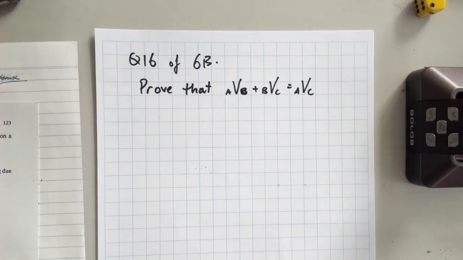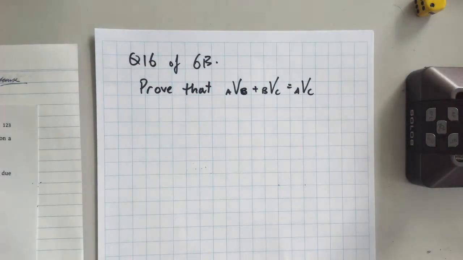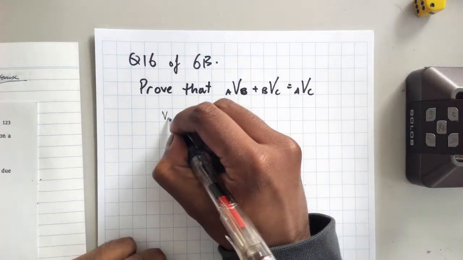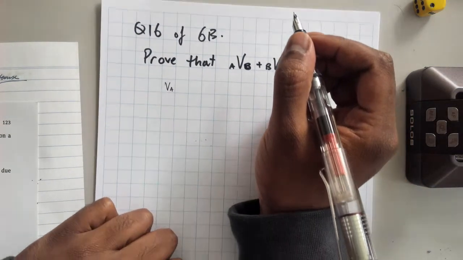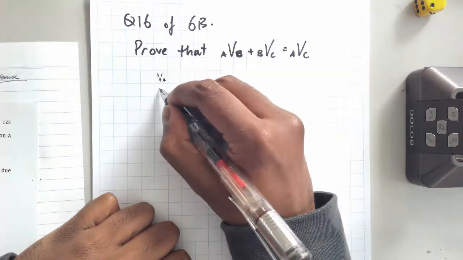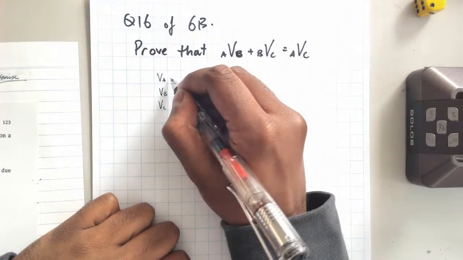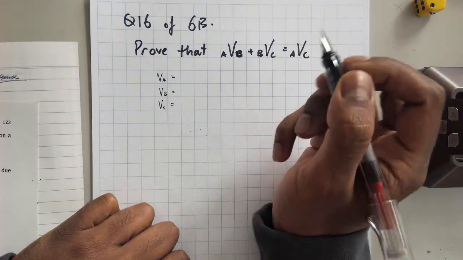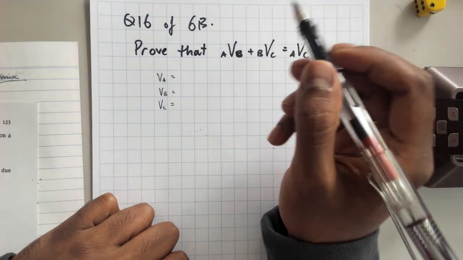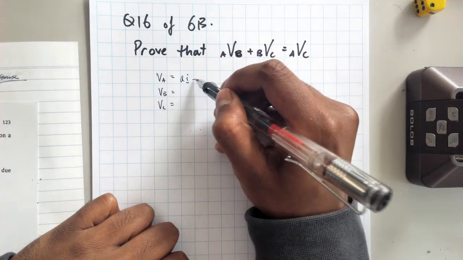So we're going to assign some variables to our vectors. We've got VA, the velocity of A, the velocity of B, and the velocity of C. Let's call the velocity of A AI plus BJ.